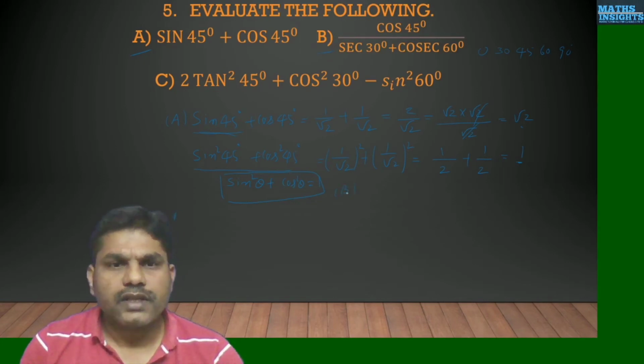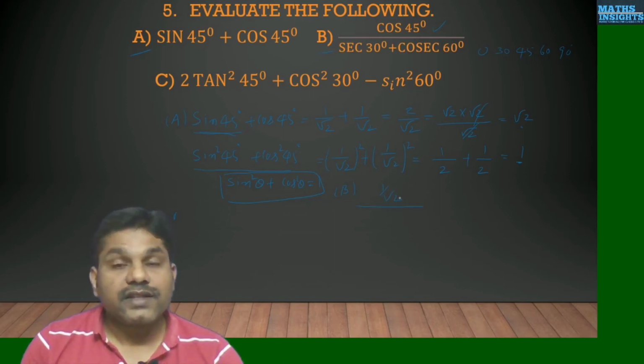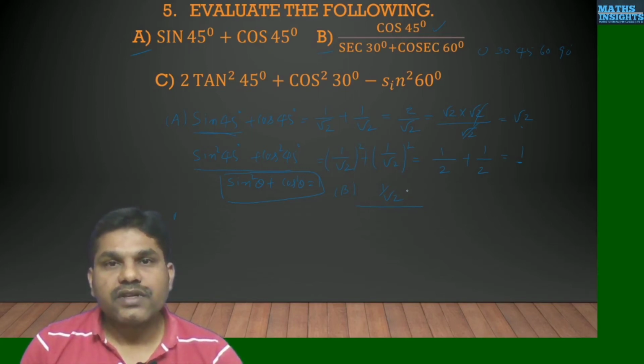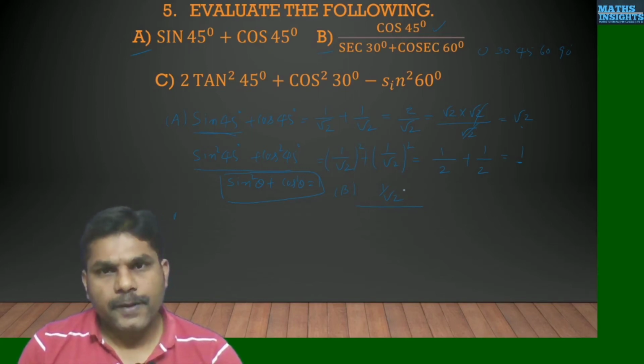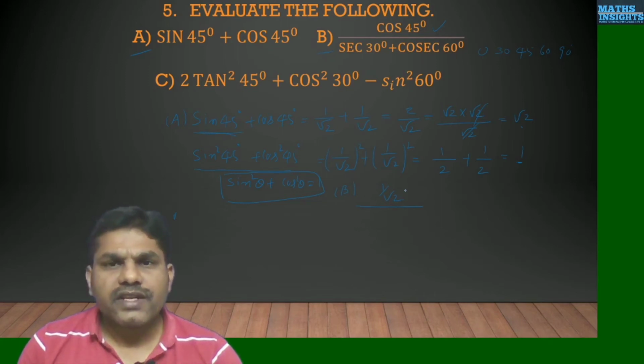That is B. See, cos square 45. Cos 45 is 1 by root 2, divided by secant 30. Secant 30 is somewhat difficult to remember, but it is very easy if you remember the value of 30 degrees for its reciprocal.